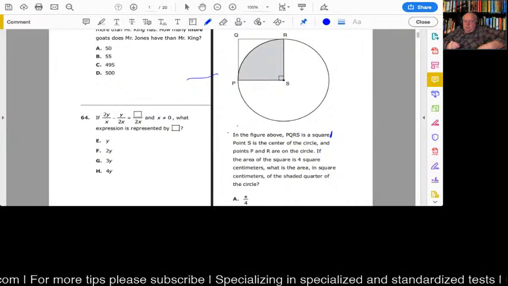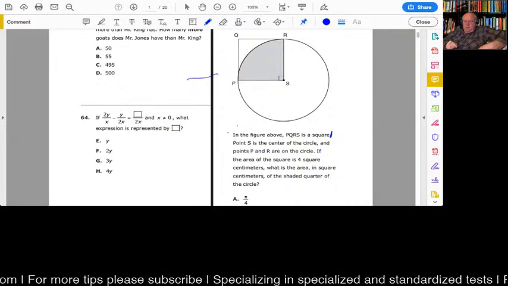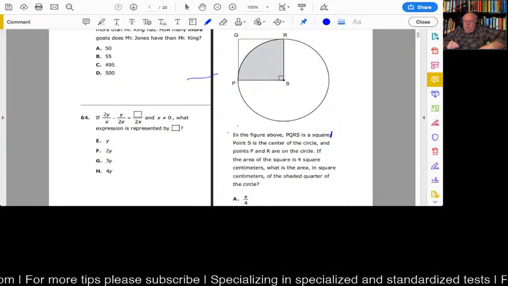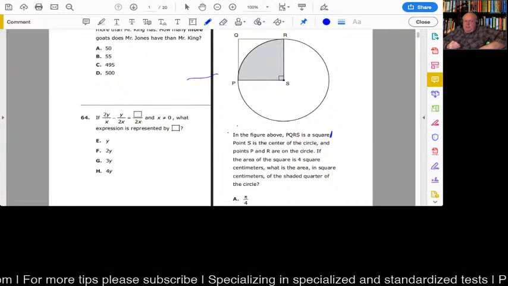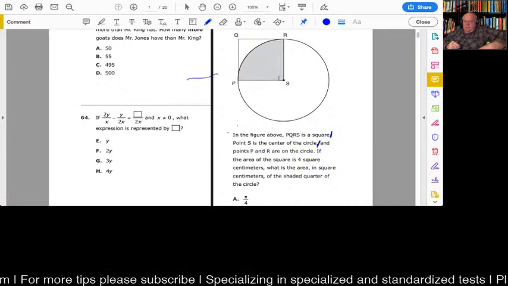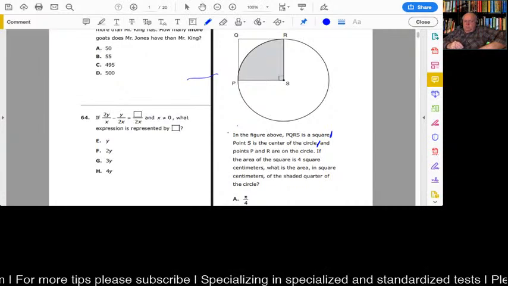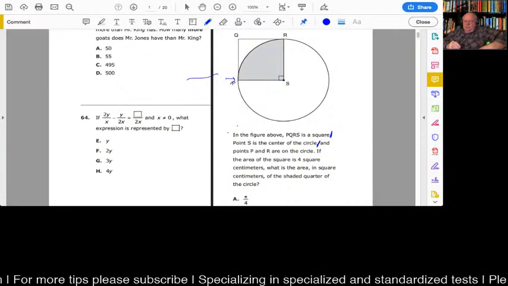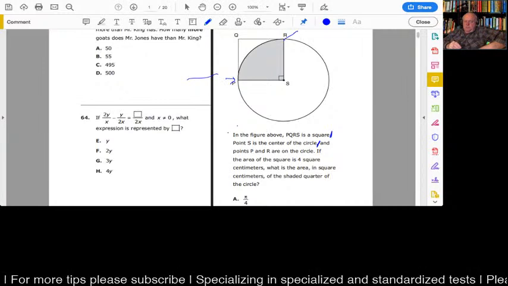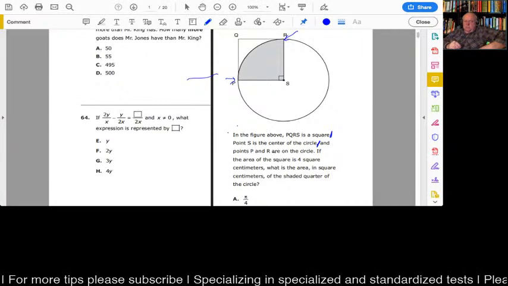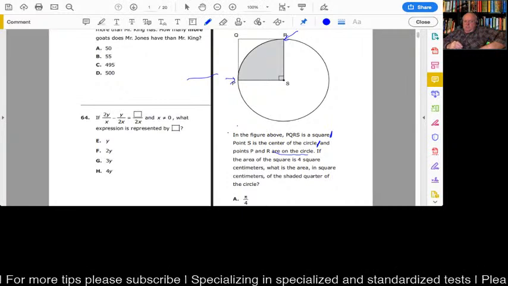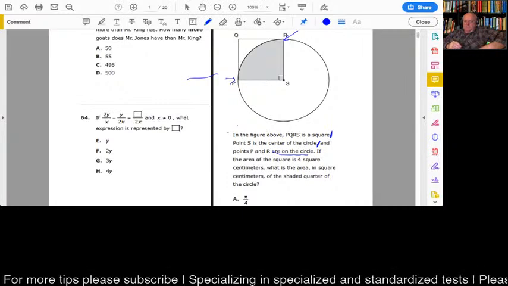You check the points to make sure, because there may have been other geometric figures here. Point S is the center of the circle. Check. And points P and R are on the circle, so those 2 points meet the circumference. That's what it means to be on the circle: they touch the circumference.